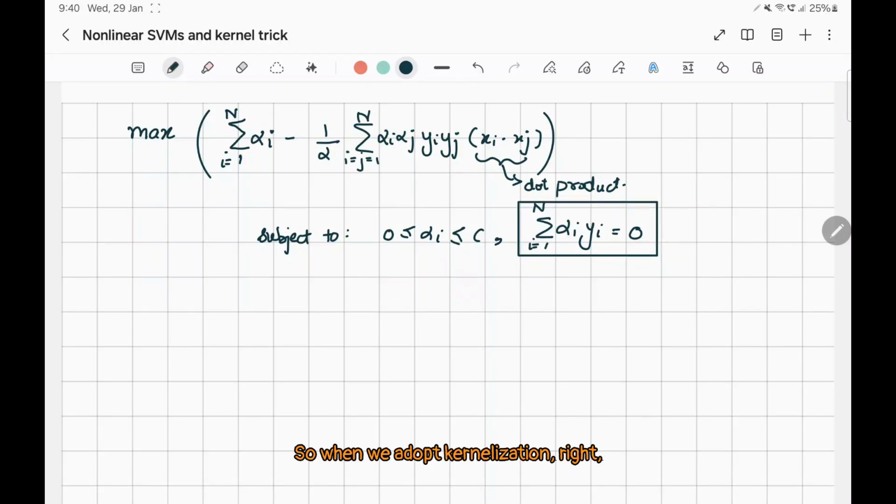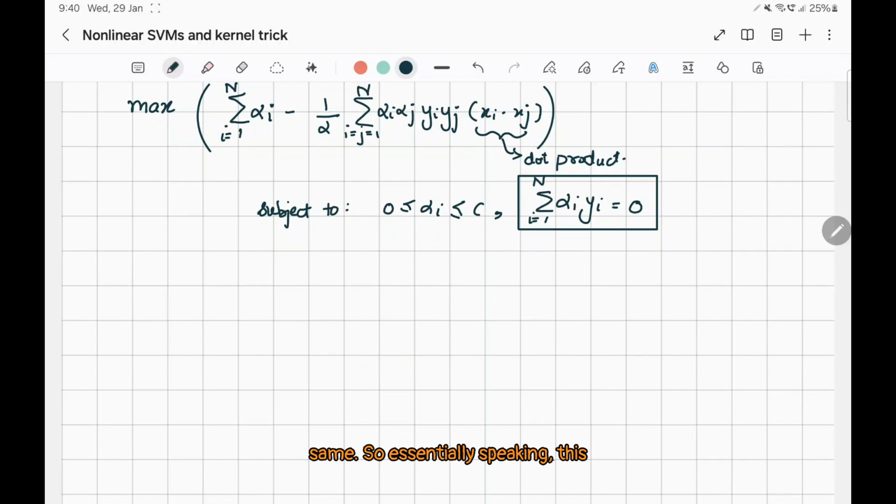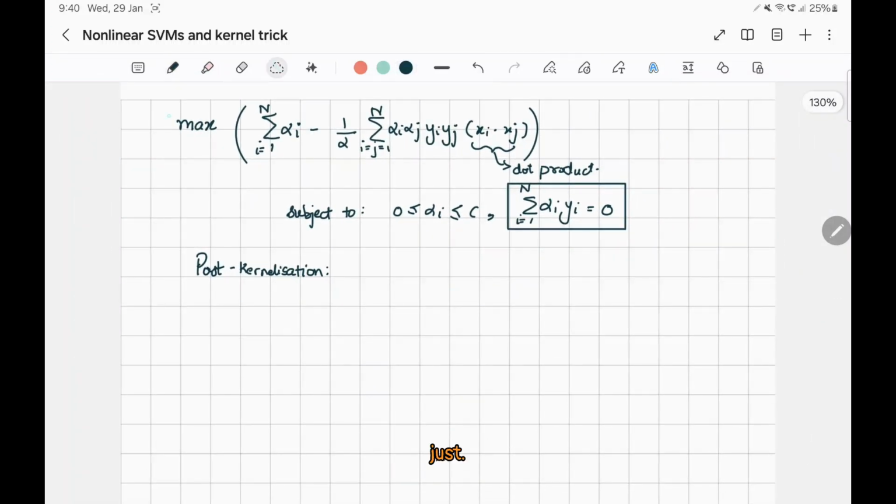So when we adopt kernelization, every xi xj that you see here is simply replaced by the kernel function k(xi, xj), right? And all the constraints remain the same. So essentially speaking, this is post kernelization.